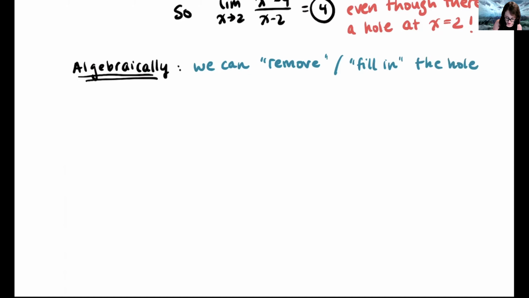So if we just look at the function f of x for a moment, maybe you have seen this already or noticed this. Okay, we can actually factor that numerator. It is a beautiful difference of 2 squares, my favorite thing to factor. We will just get x plus 2 times x minus 2.